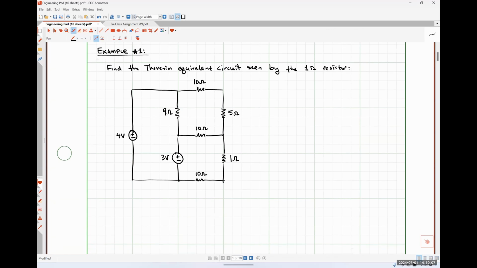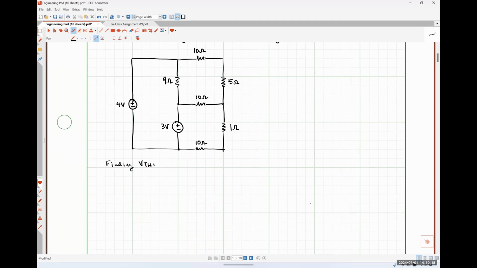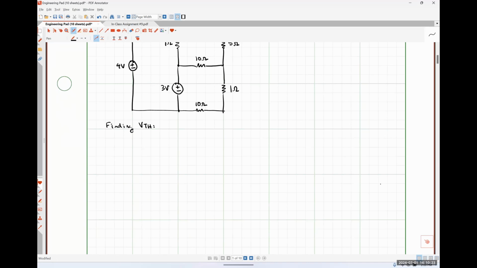Okay, so if we want to find VTH, let's talk about what that is going to entail. So I'm going to redraw our circuit, and I'm going to leave the 1 ohm resistor out. Okay. So effectively, we're replacing the 1 ohm resistor with an open circuit.